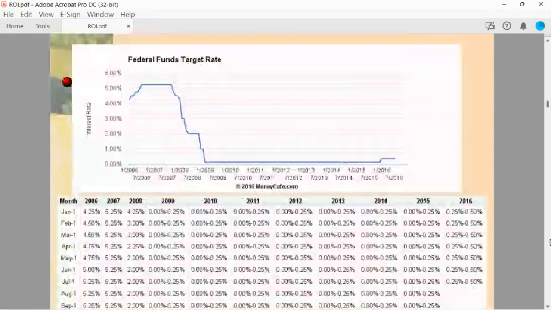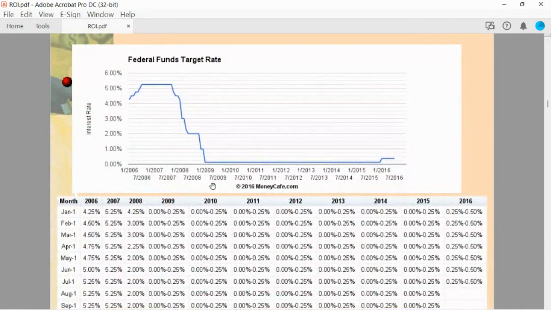And then, see, this is how it behaved back in January 2006, right? Until 2005, the Fed funds rate was like 4.25.